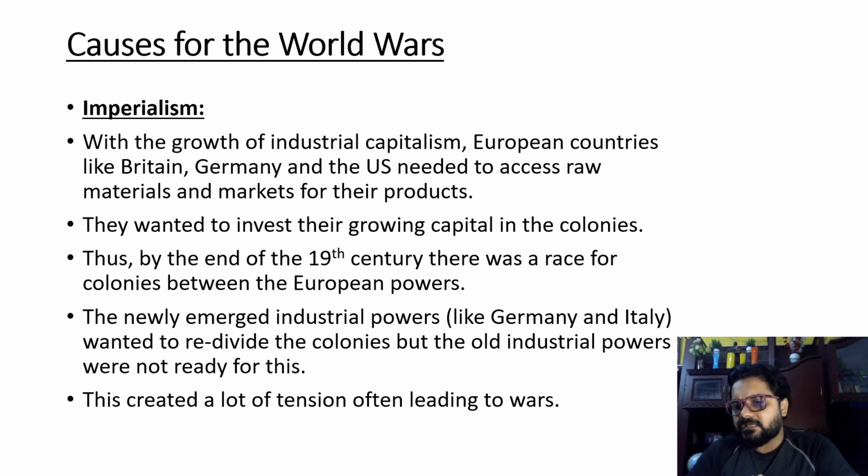The newly developed industrial powers like Germany and Italy also started colonizing the other countries. They wanted to redivide the colonies with the old industrial powers like Britain, but the old industrial powers like Britain did not want to redivide or share their colonies.